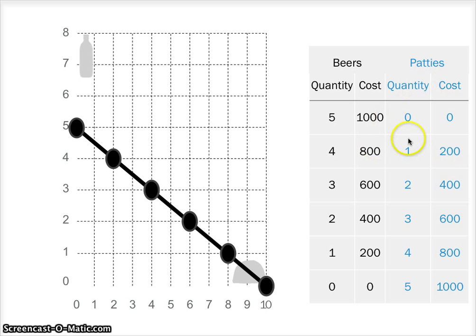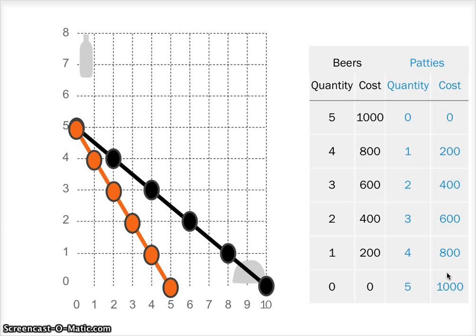I can consume the same amount of beer, but the amount of patties consumed is going to fall. So we say that the budget line will pivot inwards along the patty axis if the price of patties increases.